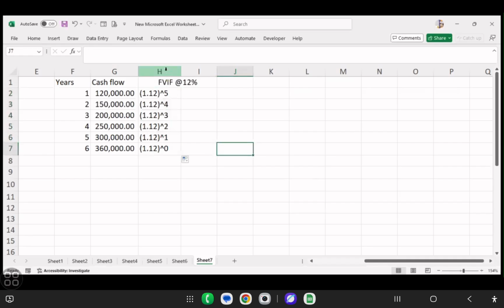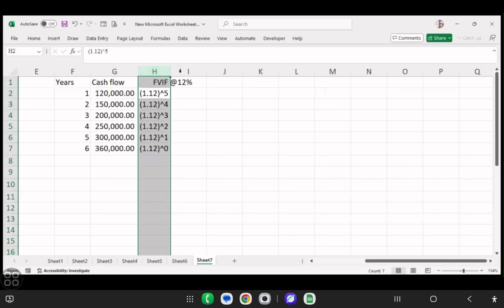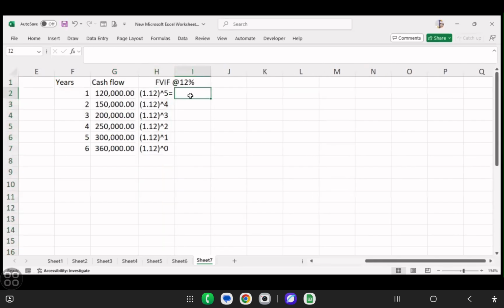That is what you use to determine the present value, and as a result of that, we get the future values. How do we get these future values? We've said it is equal to 1.12 power, I put a bracket, 6 years minus the year in question, like that.